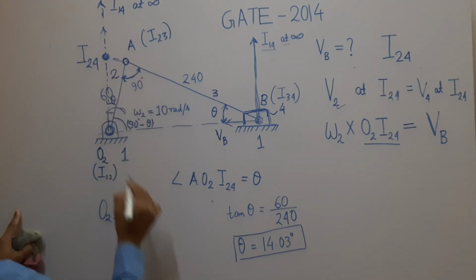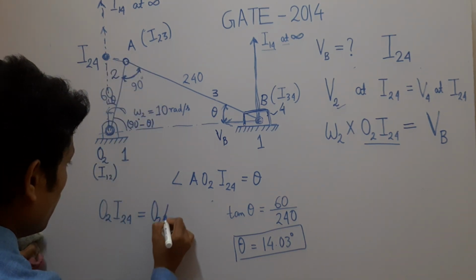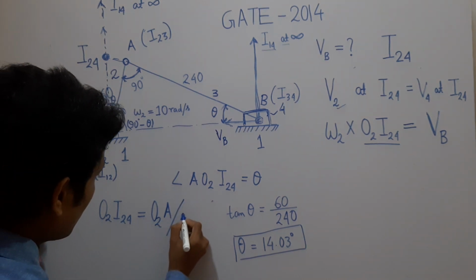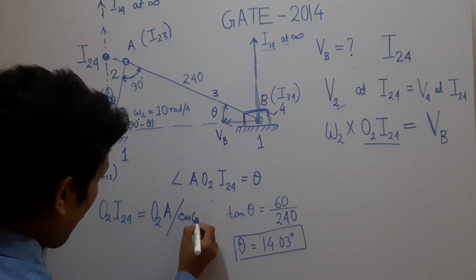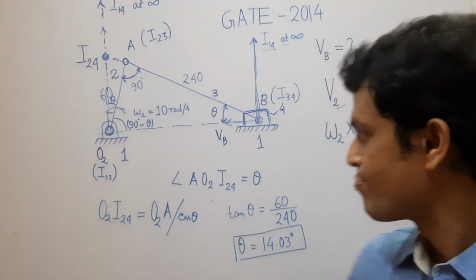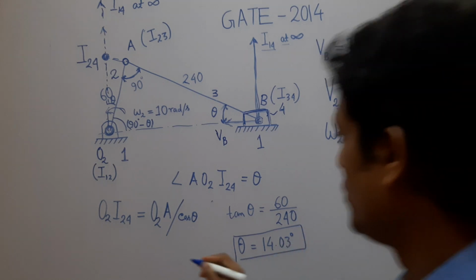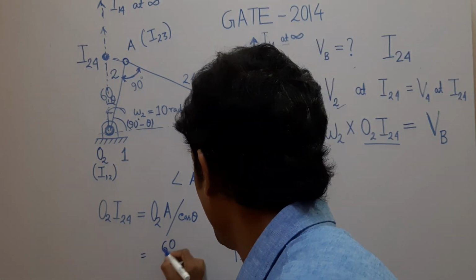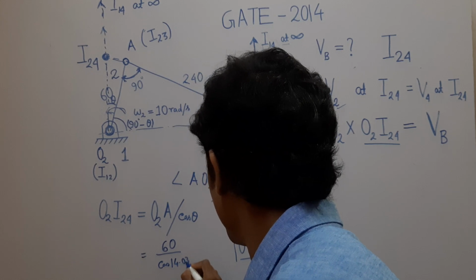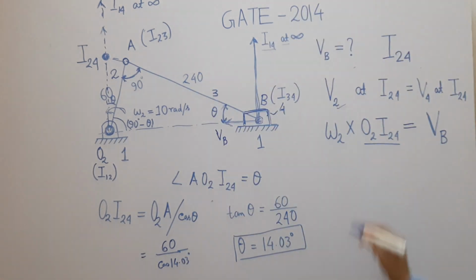This length, that is nothing but O2A by cos of theta. So O2A is 60, so this is 60 by cos 14.03 degree. Now put it here.